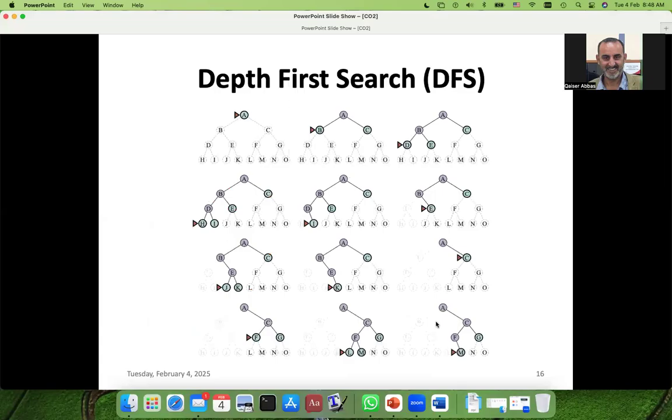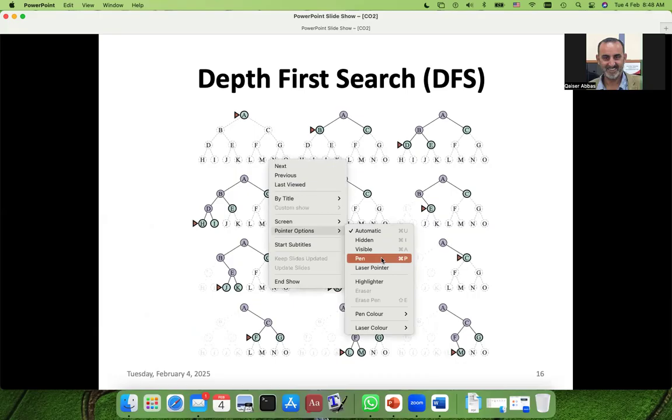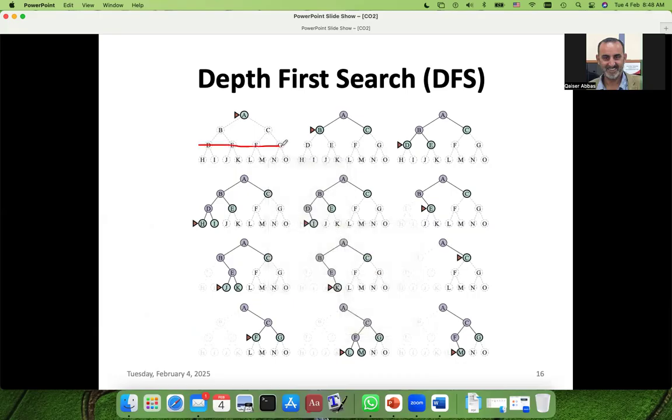The initial state is A. We want to reach M. And the limit is 2, which means this level, and the goal is after it. So one thing is sure, that we will not reach here.